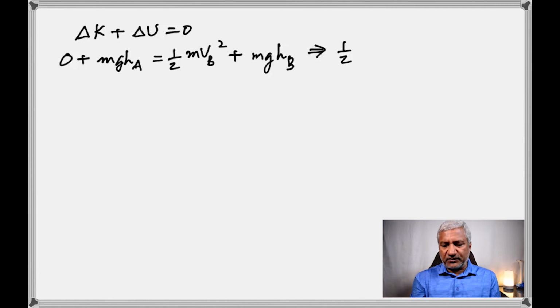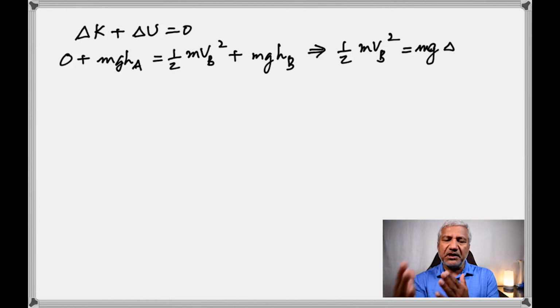And then when it comes and hits at B, we're trying to find the speed at B, right? So that's why I have put it as 1/2 mvB squared plus mgHB. Remember, even at position B, it still has some potential energy.